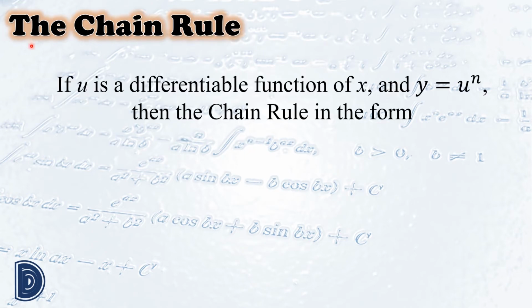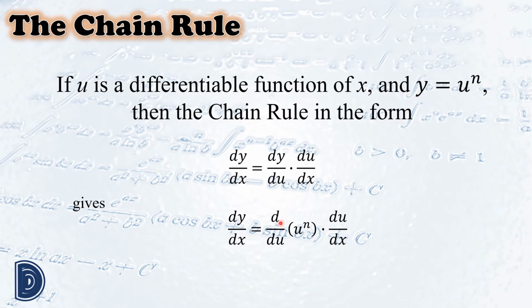The familiar rule for differentiating powers of functions is a special case of the chain rule. If u is a differentiable function of x and y is equal to u raised to n, then the chain rule in the form dy over dx is equal to dy over du times du over dx.